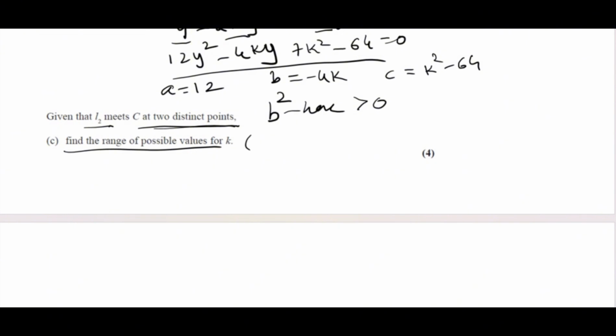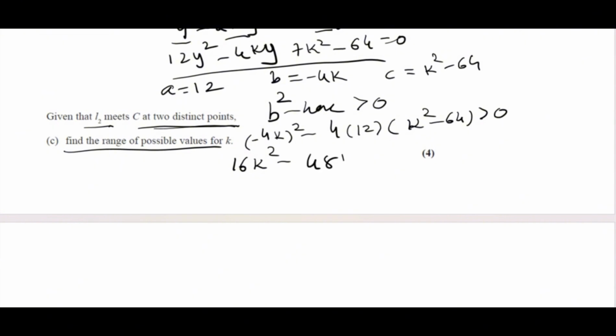Substitute the values. So b squared we can write as (minus 4k) squared, minus 4ac, where c is k squared minus 64, greater than 0. So (minus 4) squared is 16k squared, minus 12 times 4, which is 48, multiplied by k squared. So minus 48k squared plus 48 times 64 will give you 3072, greater than 0.